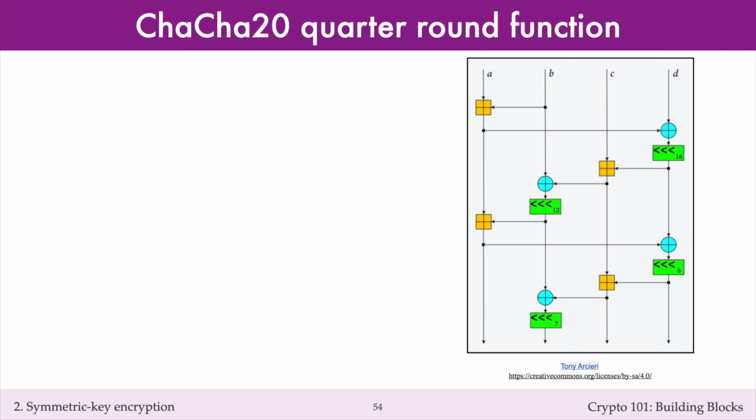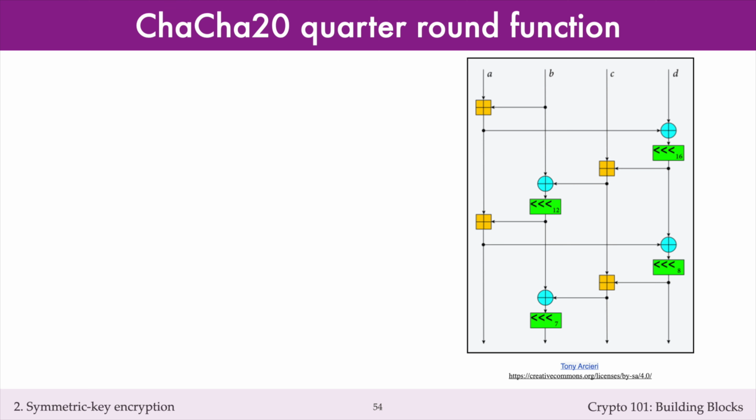I'll next describe the ChaCha20 quarter-round function. It's called a quarter-round function since it operates on a quarter of the state, so on a binary string of length 128 bits. The input to the quarter-round function is comprised of 4 32-bit words, A, B, C, and D, shown here at the top of this diagram.